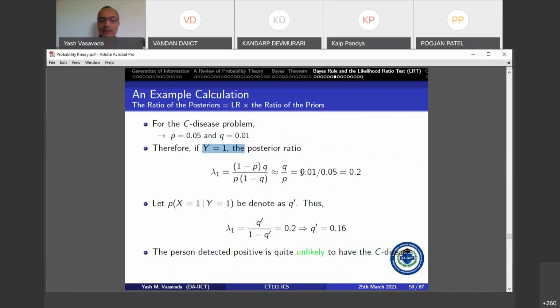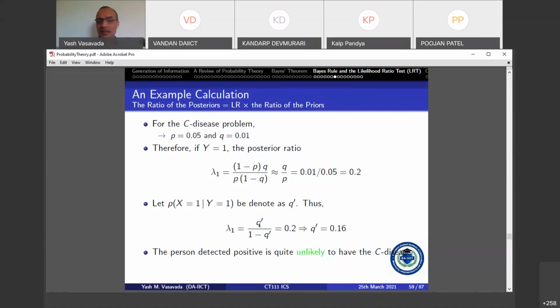But still, it doesn't mean that the belief that you had remained the same. Previously, you thought that there is only 1% chance that I have the disease, because I am like any other person of the general population, and in the general population, there is only 1% prevalence of the disease.